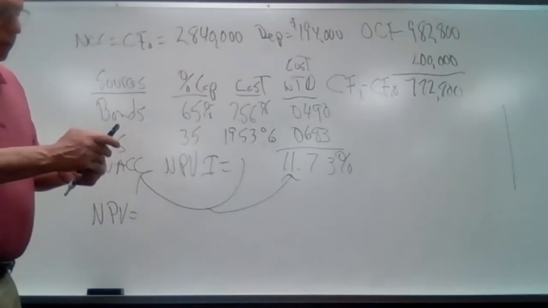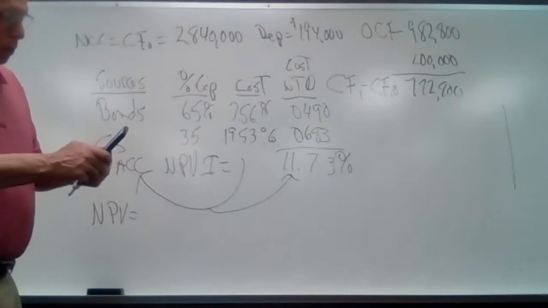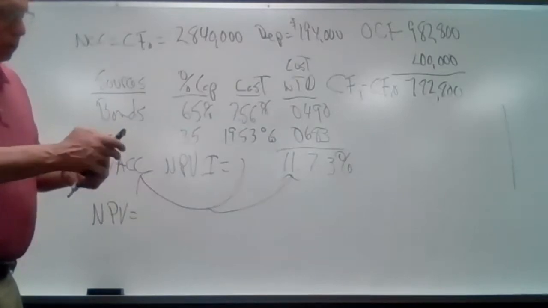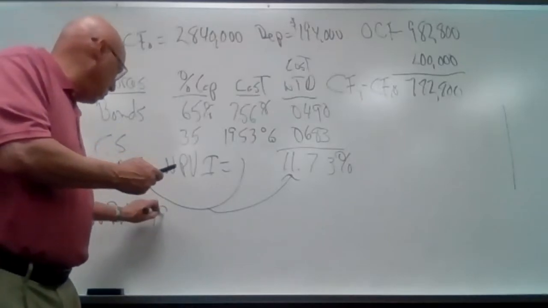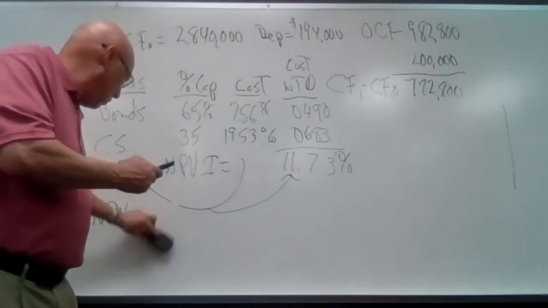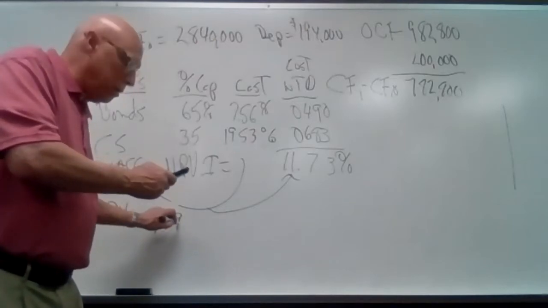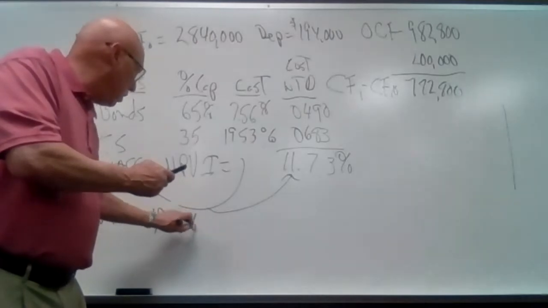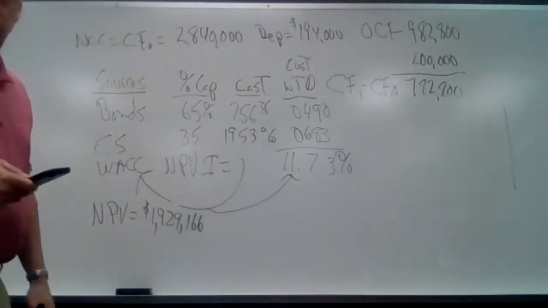Enter, down arrow, and down arrow. And NPV, I equals 11.73. Enter, down arrow, and compute. Yeah, 1,929,166. I'm not sure what happened. It was in there, right? 1,929,166. Right? Is that what you got?